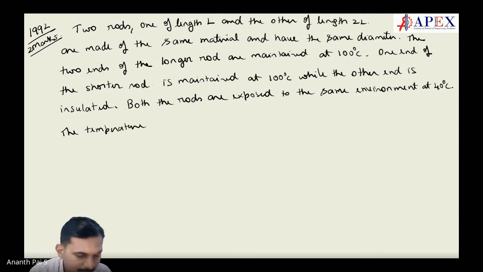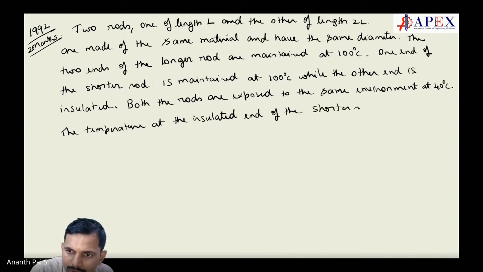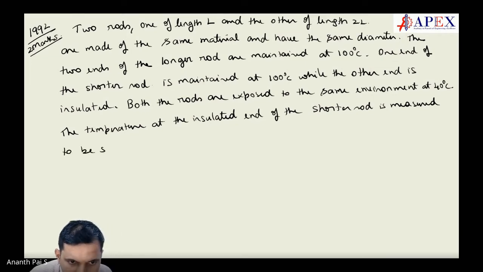The temperature at the insulated end of the shorter rod is measured to be 55 degrees centigrade.